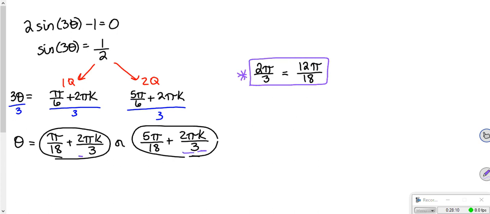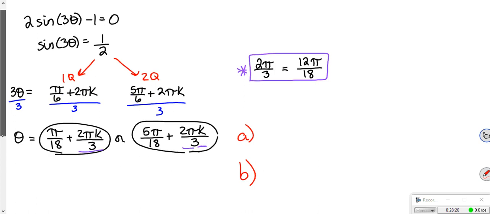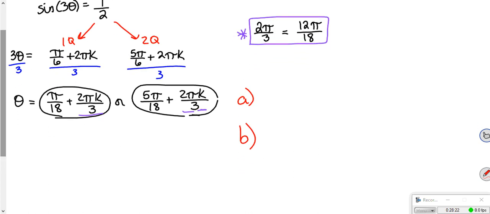Okay, so this was part A. So my part B, where it wants the solutions in the interval 0 to 2 pi, there should be 6 of them, 3 from each of these. So I should have 6 answers here.